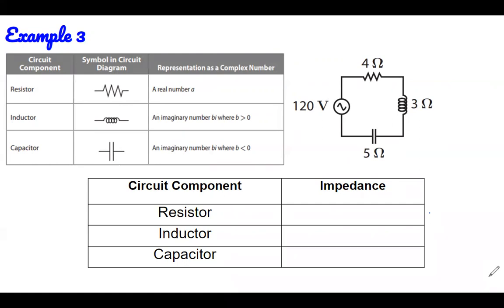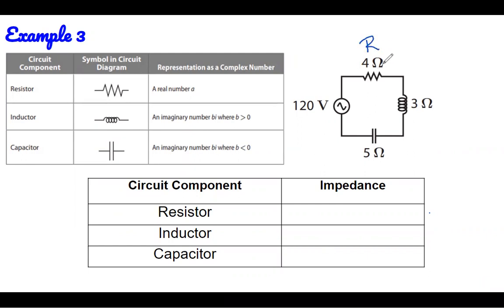Now, the way that we can find this is by looking at the diagram and its image and looking at the values that are present. So for example, we have a resistor right here. And that one measures how many? 4 ohms. Now, this one's represented by a real number, so this one's just going to be positive 4.